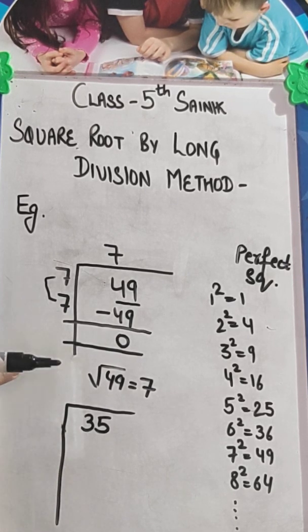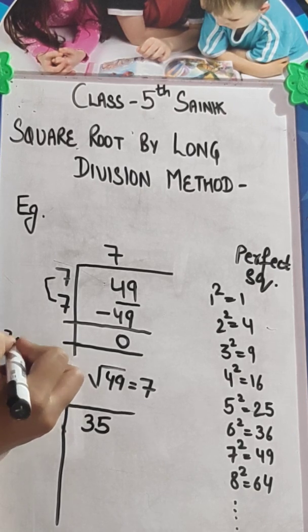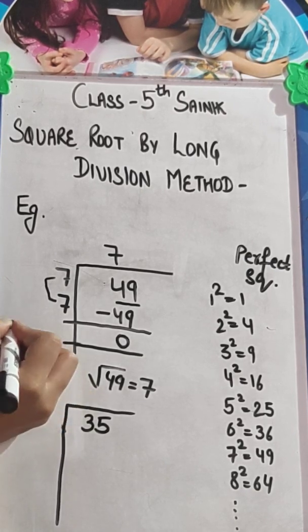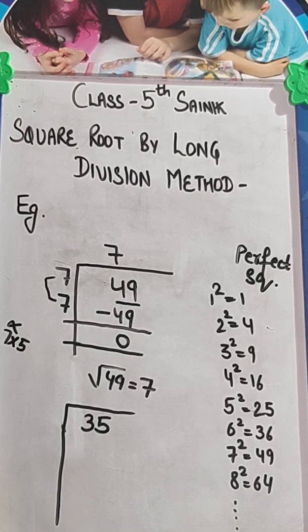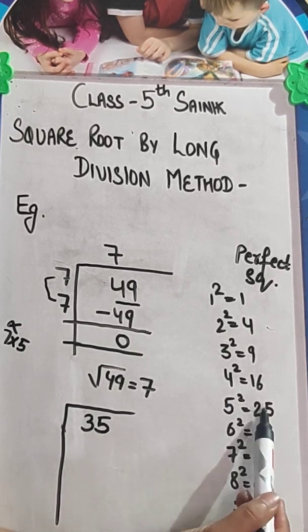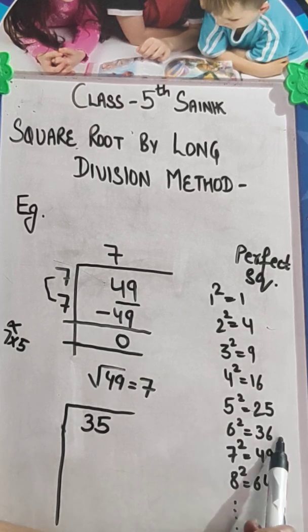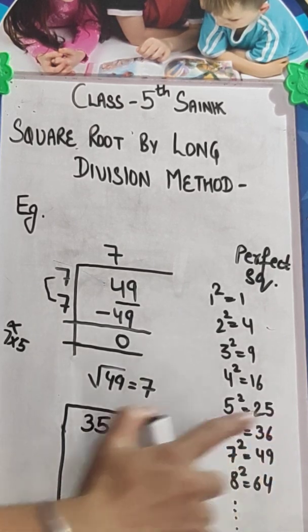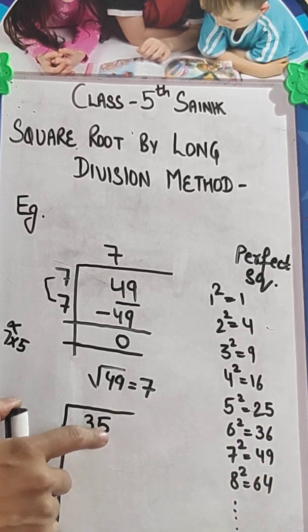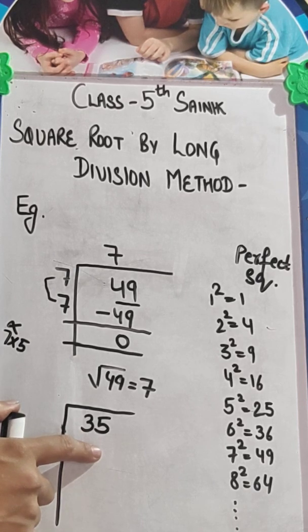So I can't take 7 into 5, as 7 into 5 is 35, because we have to take the same number. You know that 5 into 5 is 25 and 6 into 6 is 36. So 36 will be more than 35.